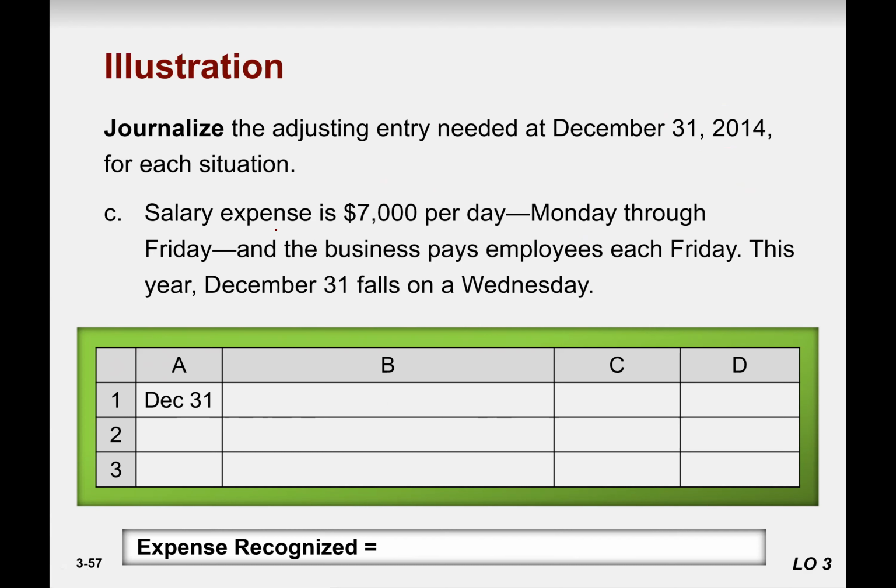Now salary expense is 7,000 per day, Monday through Friday, right? And the business pays employees each Friday, right? Now this year, December 31st falls on Wednesday. So would we be able to pay the salary of Monday, Tuesday, Wednesday?